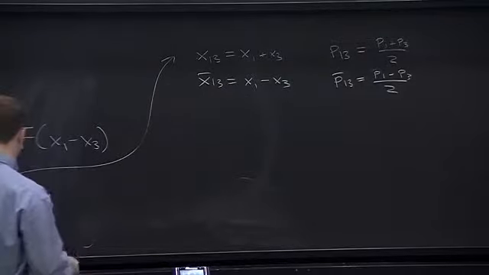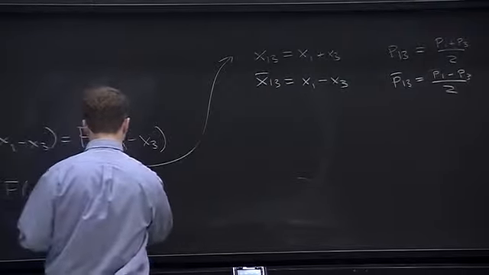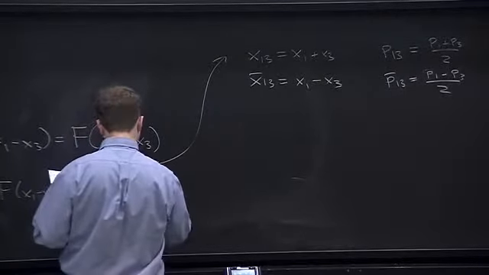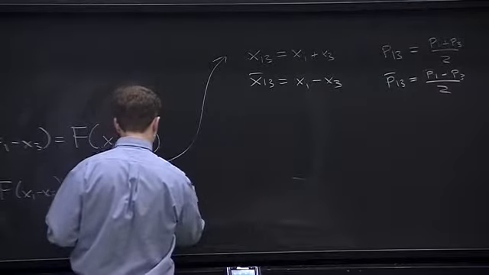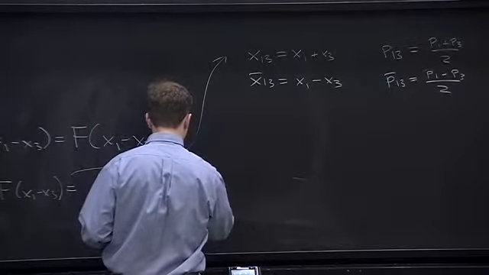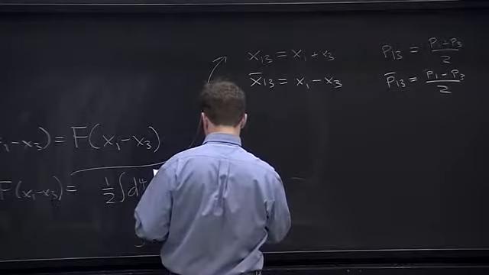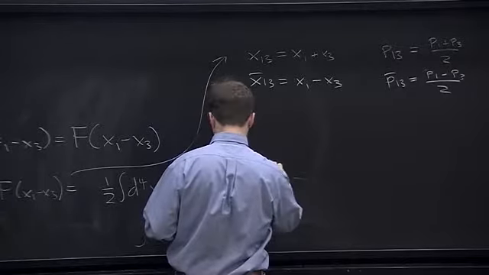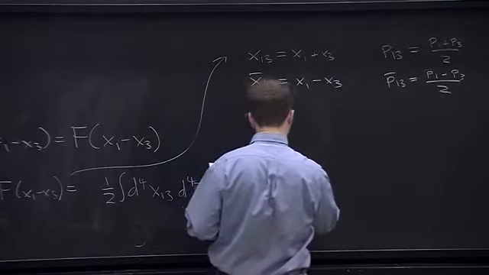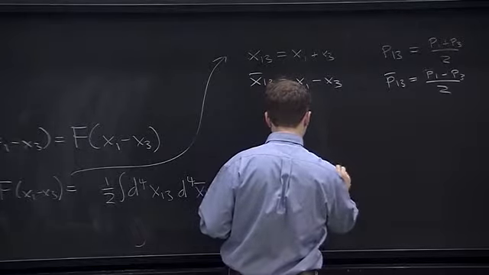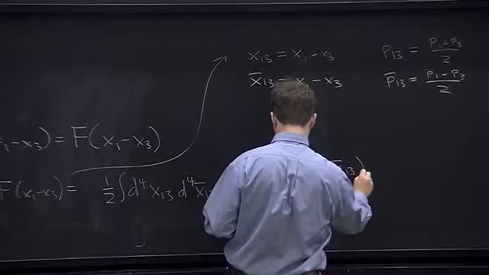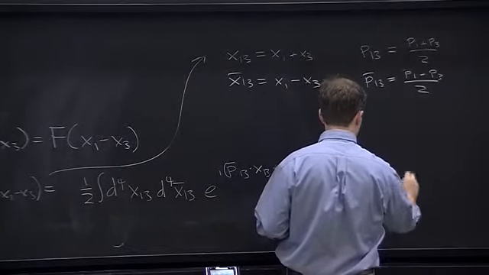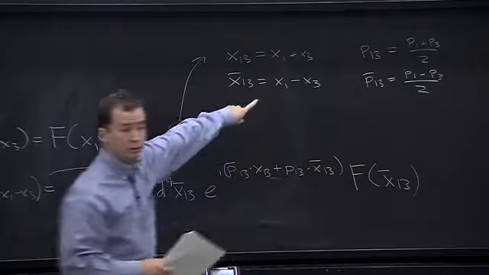If we do that change of variables, what we get is a factor of a half from the Jacobian. Integral d4x13, d4x bar 13, e to the i(p bar 13·x13 plus p13·x bar 13). And F only depends on x bar 13, which is why we're doing a change of variables like this.